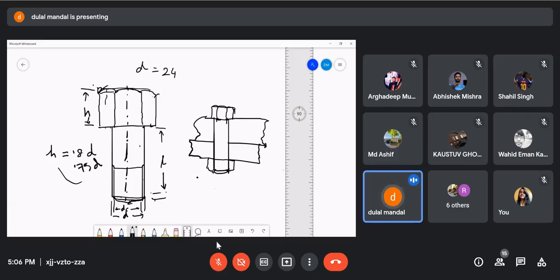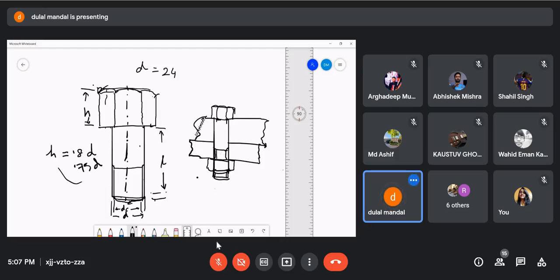Consider this side is the nut. The exposed portion of the bolt, this is the threading portion. So inside the head and the bolt, you cannot show the threading line.